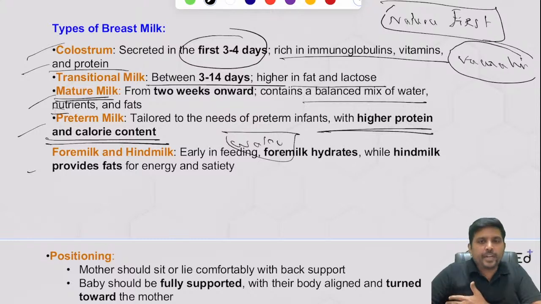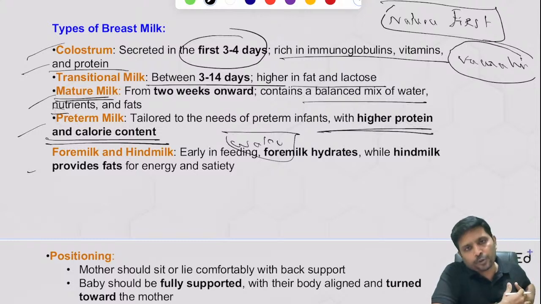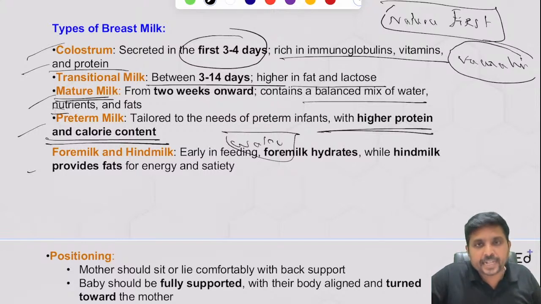That's why you need to empty one breast, then come to another breast. If you keep diverting between two breasts before completing the sucking of one breast, you will get fore milk syndrome, in which even though you give adequate breast milk, you are unlikely to have good weight gain because you are satisfying only the thirst but not the appetite.